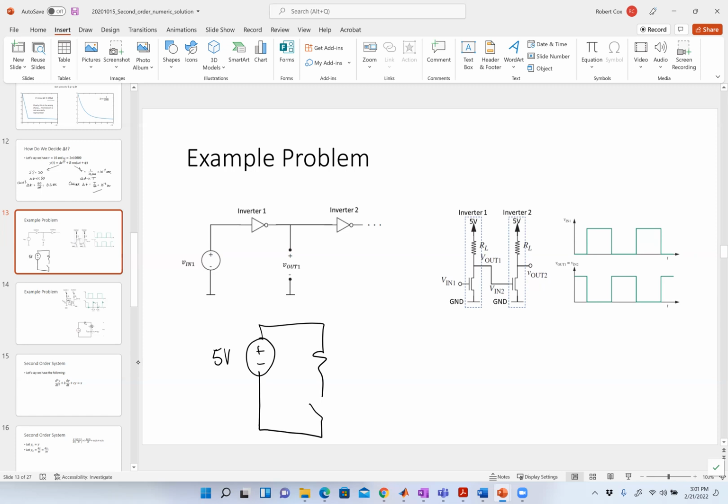That's the way I can think of this. If the switch is open like I have right here, what's the voltage right here? 5 volts. If that switch closes, you should see that it's 0.